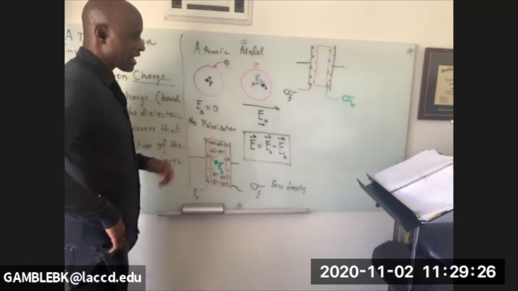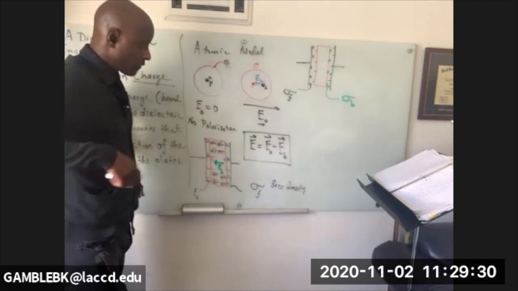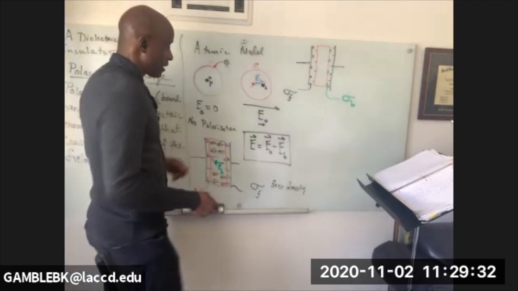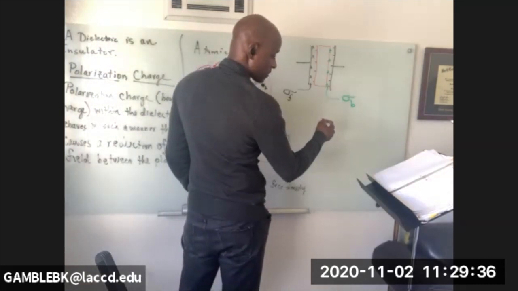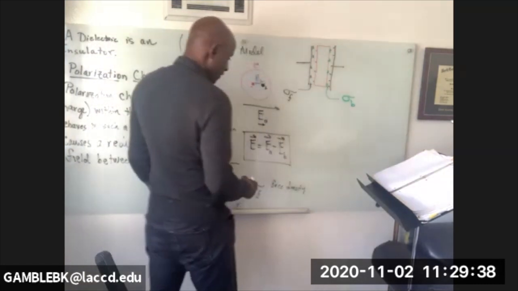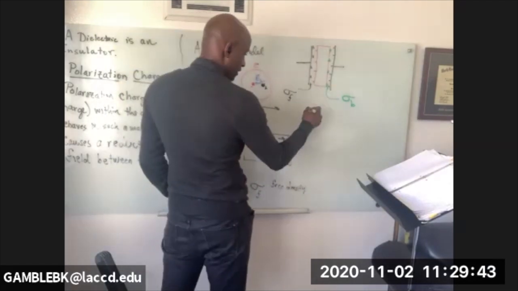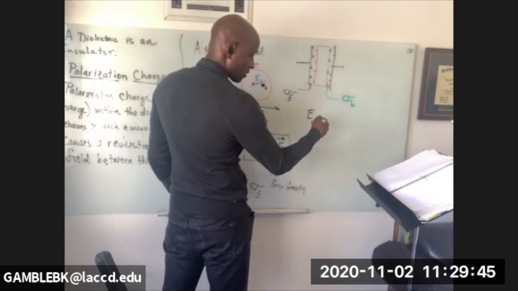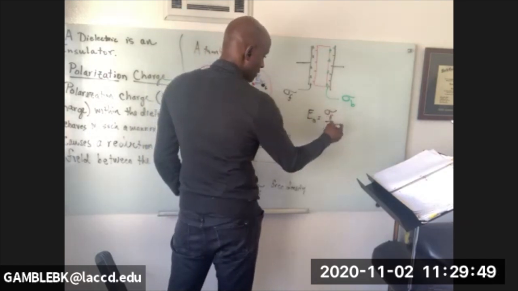We determined with Gauss's law maybe a week or so ago that the field outside a conductor looks like this, right? In general, the field is sigma over epsilon. So if we have the charge density, basically the E naught or the free field is equal to sigma free over epsilon naught.